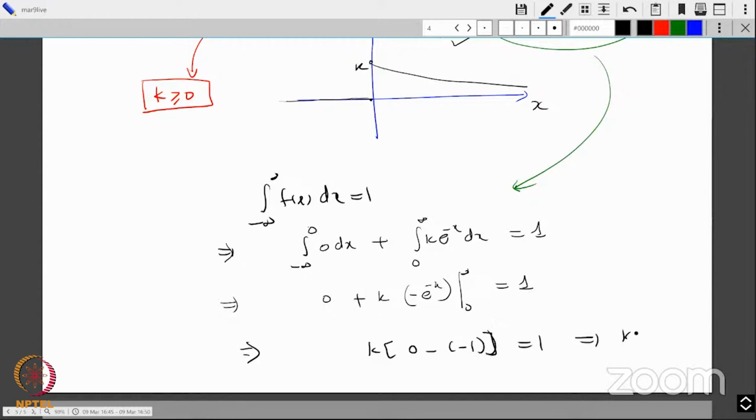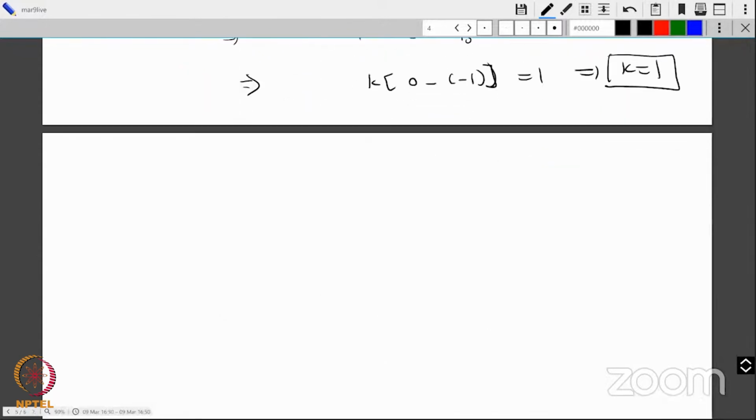This implies that k has to be equal to 1. Now you found k. Therefore, the actual density function f of x is e to the minus x when x is positive and 0 otherwise.